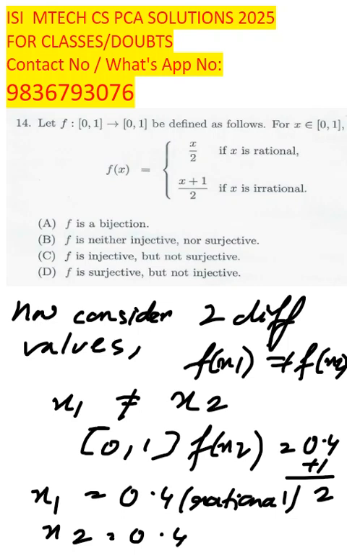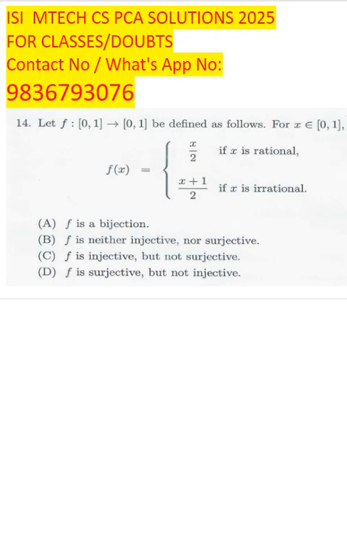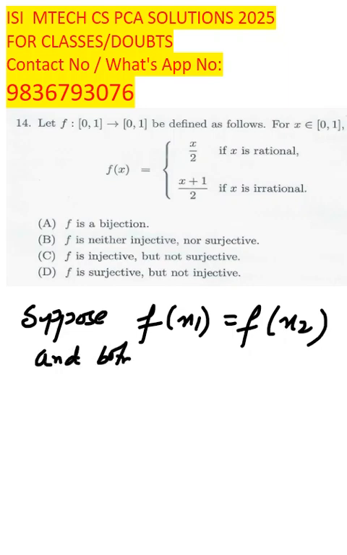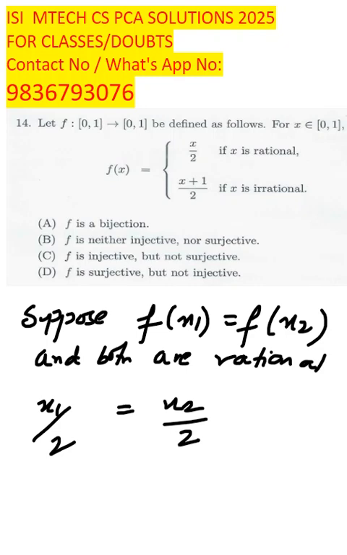So suppose f(x1) is equal to f(x2) and both are rational. So then x1 by 2 is equal to x2 by 2, or x1 is equal to x2.